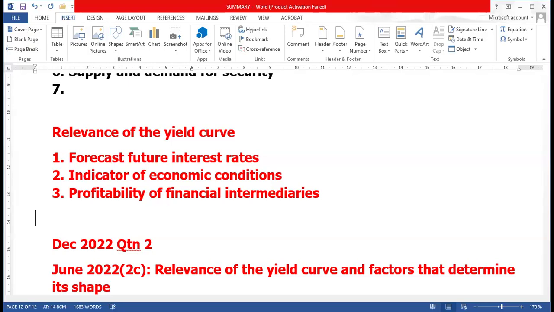When you're a banker and you want to make profit, you look at what the government is doing. You buy the bond, so you borrow, it could be customers' deposits, and you lend.